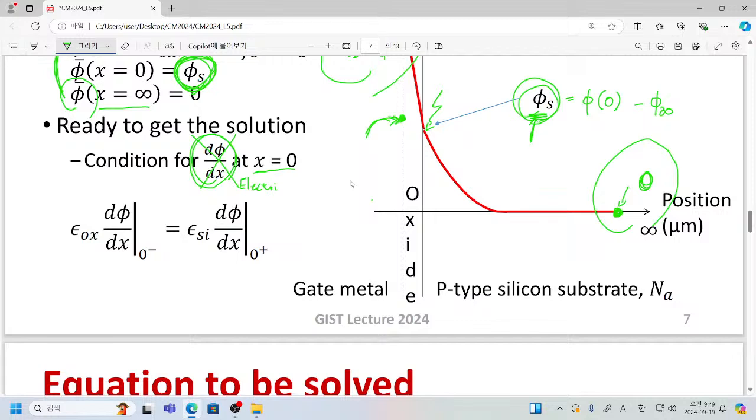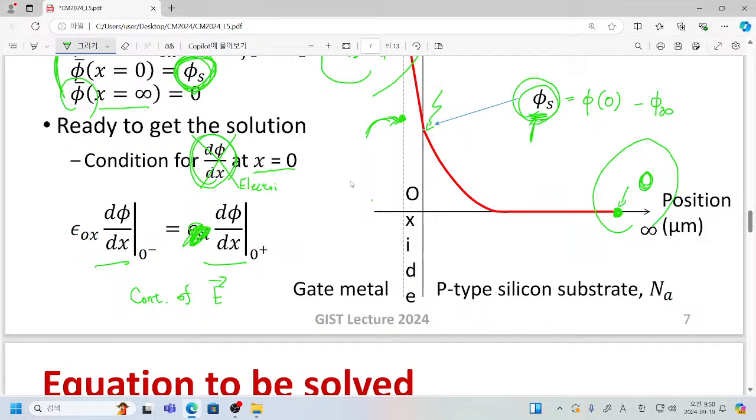So simply speaking, if we state it in this way, we are now saying continuity of the normal E field, but this is not the case in our MOS case.